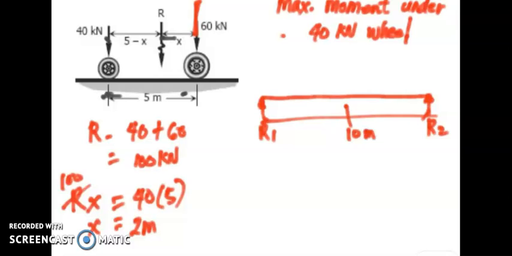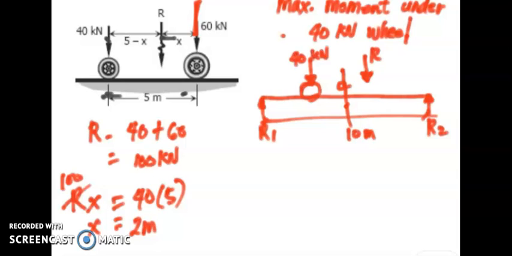This will be the center line of the beam, so we place our resultant and the 40 kilonewton load on either side of the center line.